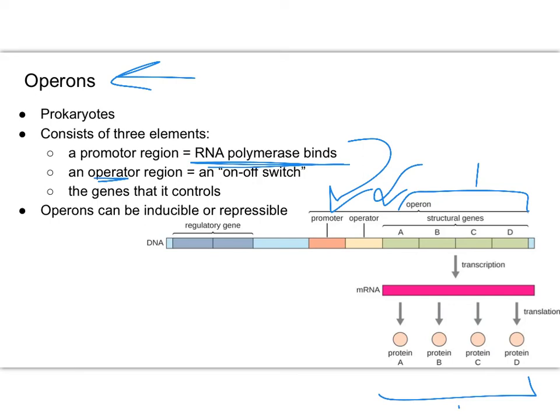So for example, all these genes A, B, C, and D here would be all for the same pathway, so they can all make their proteins at one time together. Operons can also be what's called inducible or repressible, meaning that operons can be turned on or they can be turned off. Okay? They're either off and they can be turned on, or they're running all the time and sometimes they need to be turned off or repressed. So we'll look at 2 quick examples of each one of those.